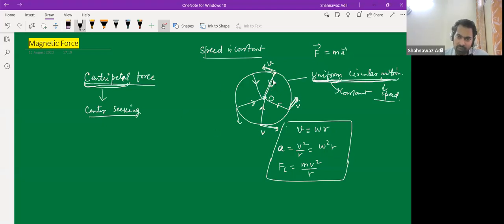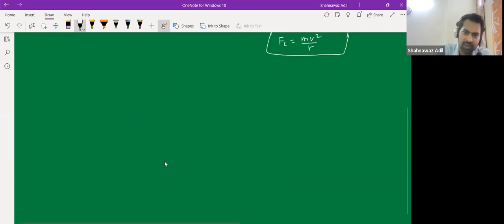And this force is always directed towards the center. Those are the few things that I wanted to tell you guys, just the revision part. So this is centripetal force in a uniform circular motion. Okay, do you guys remember now? Now, what is the use of these? We'll see that at some point later.